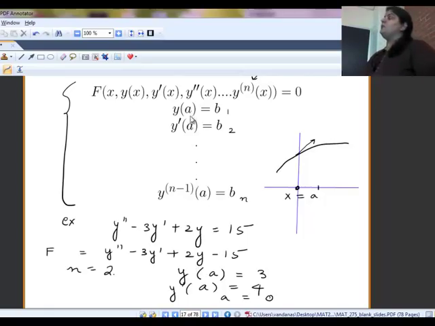Now if I give a problem in which f is a differential equation like this, with y at 0 is 3 and y prime at 1 is 4, is it an initial value problem?